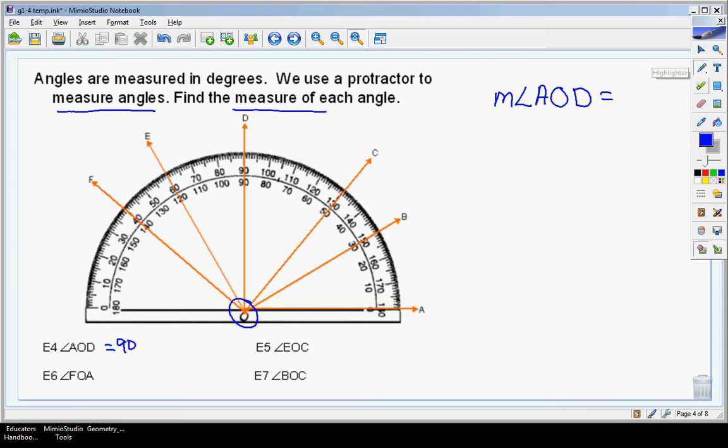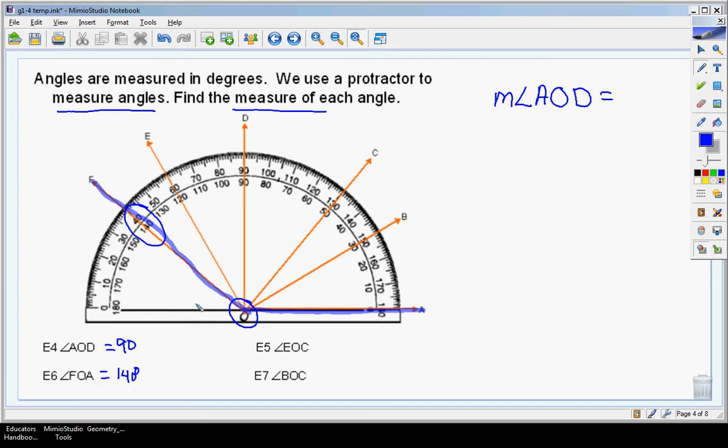Somehow it seems to me that people make mistakes with example 6, where it says FOA. Because there are how many numbers here? 2, and people seem to get stuck about which one to use. I think it should be obvious, but yet people make lots of mistakes. How big is this angle? This is 140 degrees.